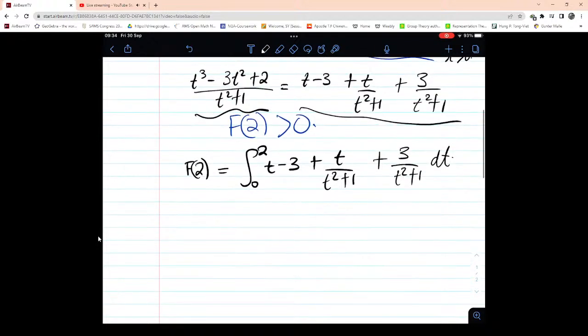And we want to integrate this and see what happens. So once we have this, we can see that this becomes that, and then this becomes that. So we should put 2 there.